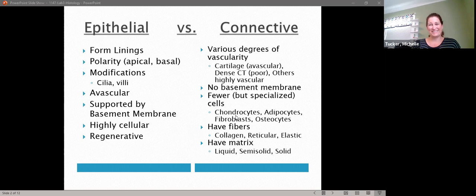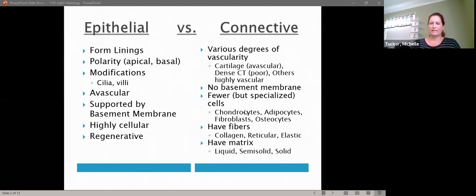And you get to learn these names. This is one of the things that you do need to focus on. I think it's one of the new focuses of this lab, to get more familiar with the types of cells involved in connective tissues.